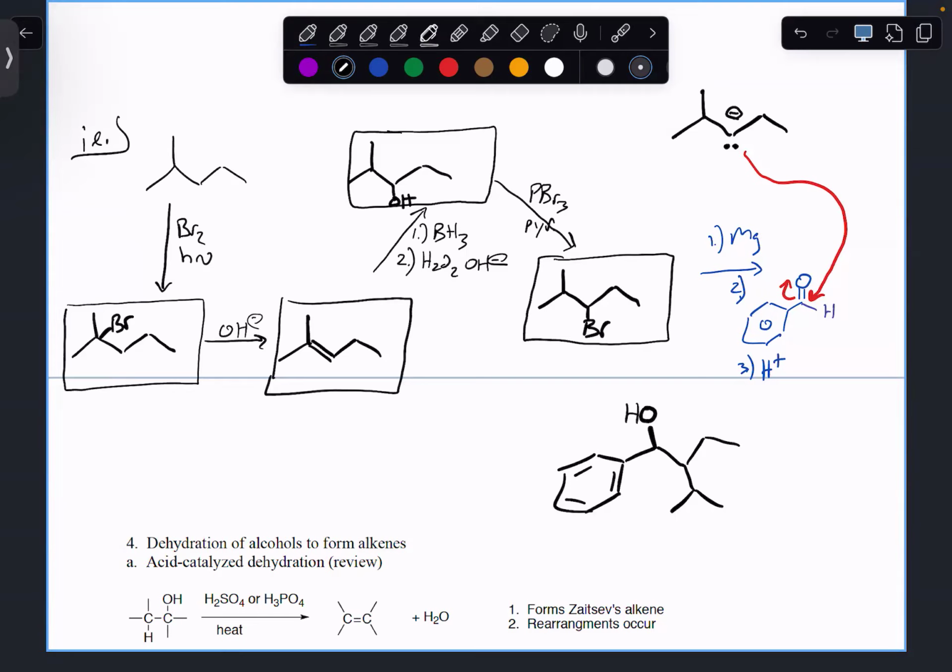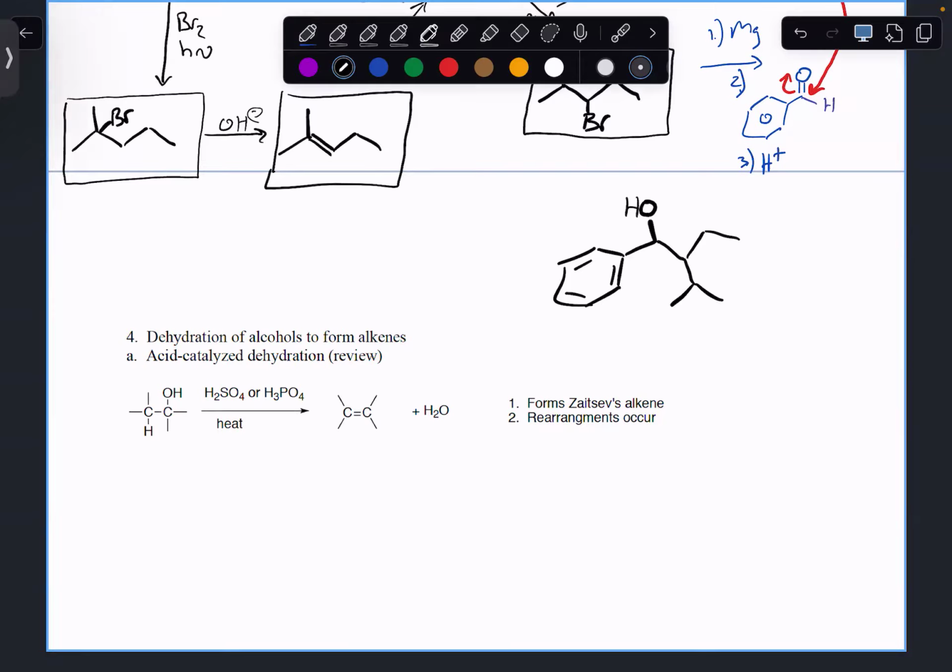Okay. I think I want to introduce you to one more reaction and then we'll call it quits for today. So we've been talking about this for quite some time. This is simply the dehydration of an alcohol. So that's really old news, right?